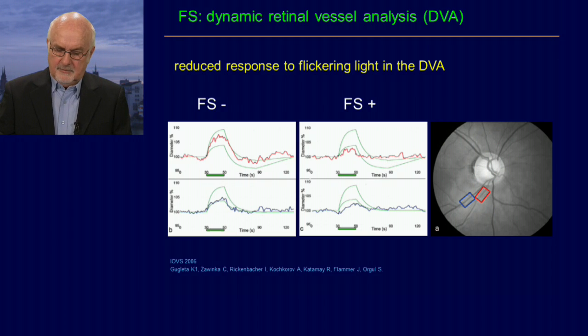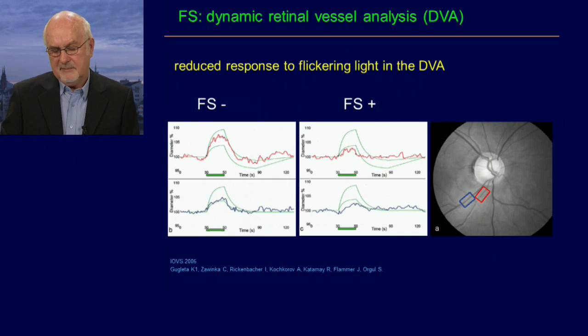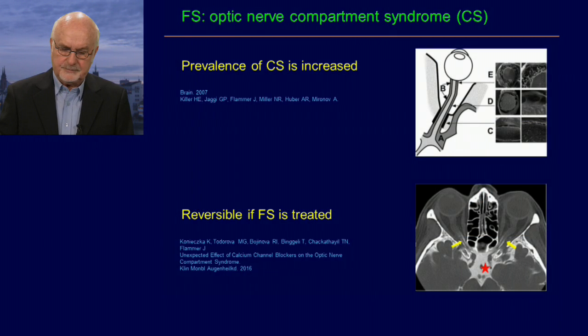If we flicker light, we get a dilatation of the very small vessels, and then a secondary dilatation of the bigger vessels, as I have shown here. And this is mediated by endothelial cells. And if the response is reduced, it is an indirect sign that the endothelial cells are involved.